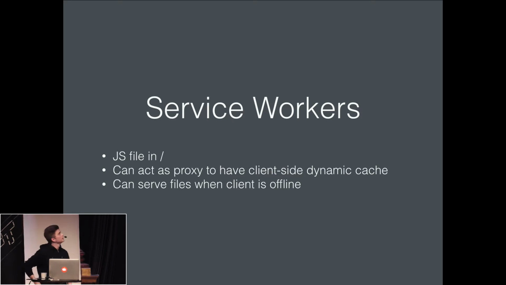Service workers is something that was introduced just a few years ago, and it's basically a JavaScript file on your domain that can act as a proxy to create a client-side dynamic cache, so that when the web browser makes a request, before it's actually sent to the server, it has to go through the service worker, so then the JavaScript in the service worker can decide if you should respond from the cache or if you should send the actual request and fetch it.